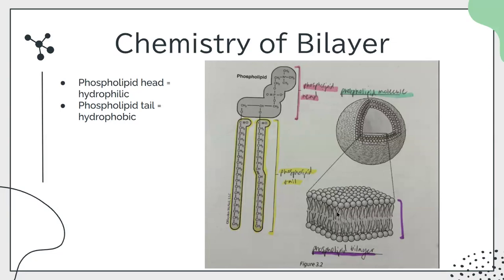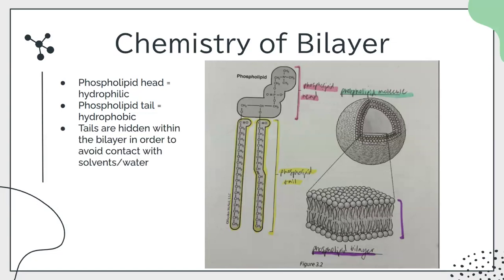So basically the way this works is the phospholipid head is on this exterior surface over here and also over here. And then because the phospholipid tails are hydrophobic, they are going to be sandwiched in between so that they are hiding from the water or from the solvent.